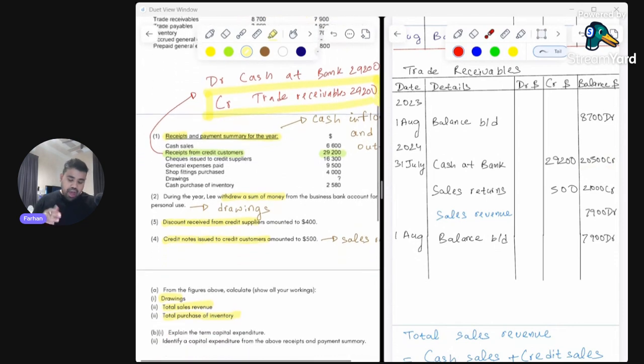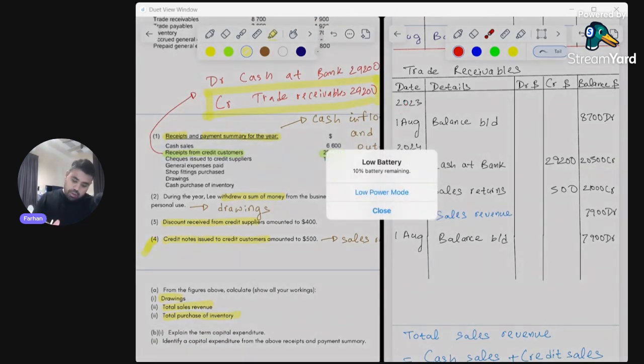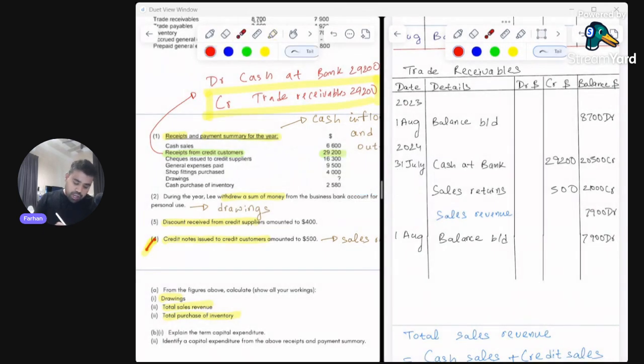So you will see that point number 4 mentions credit notes. Credit notes issued to credit customers amounted to $500. So what do we understand by this? Credit notes are issued to customers only when they have confirmed some kind of return. And because we have issued this to a customer, obviously we are dealing with sales returns, right?